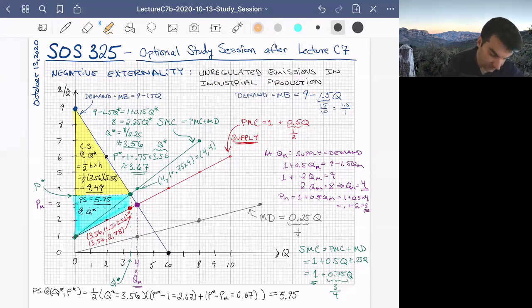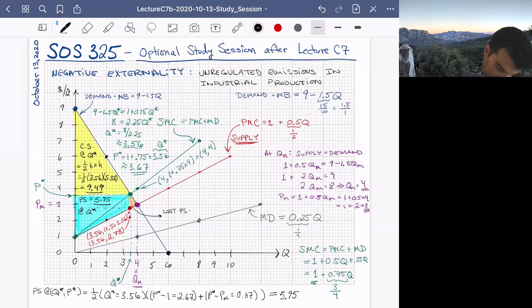Okay. So I might also then ask you for this tiny little triangle down here, which is the lost producer surplus and consumer surplus at the efficient equilibrium. And that isn't, again, going to be just a 1/2 base times height type of deal.